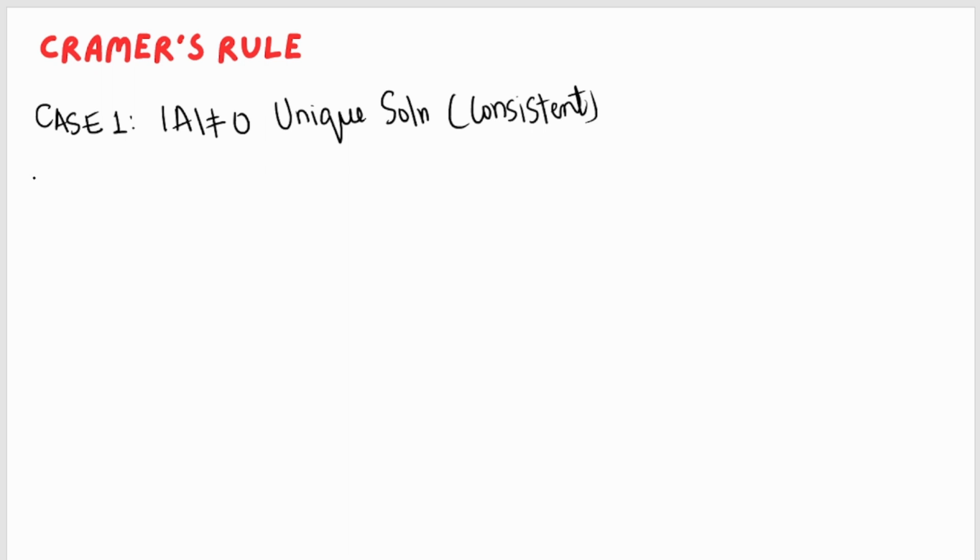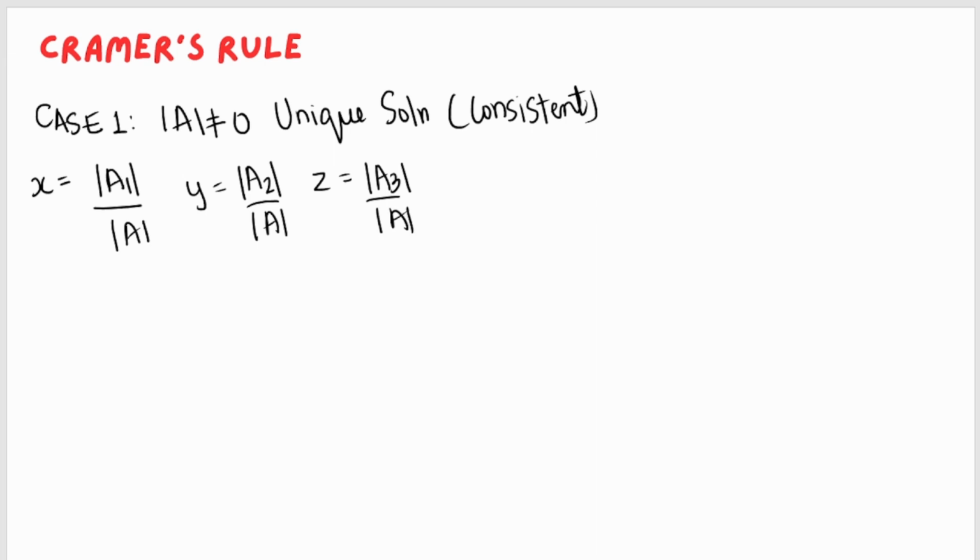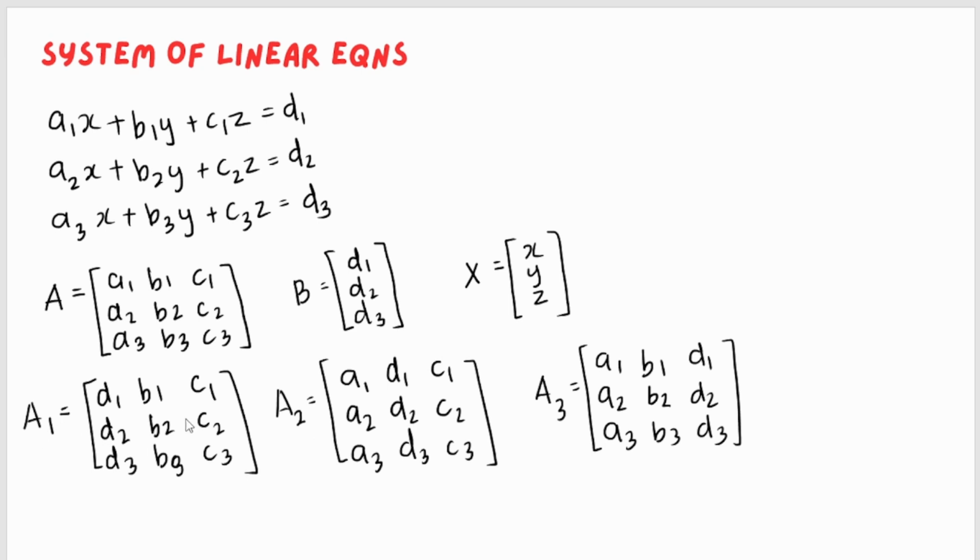To find out the value of x, we will be writing determinant A1 divided by determinant A. For y, value of determinant A2 divided by determinant A. z is determinant A3 divided by determinant A. We have already found out matrix A1, matrix A2, matrix A3.